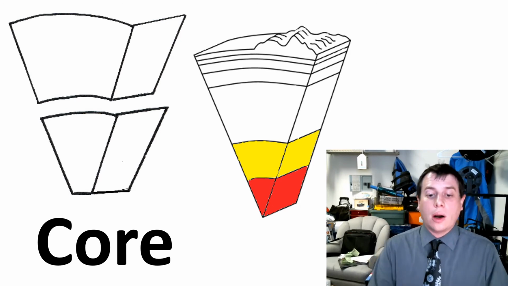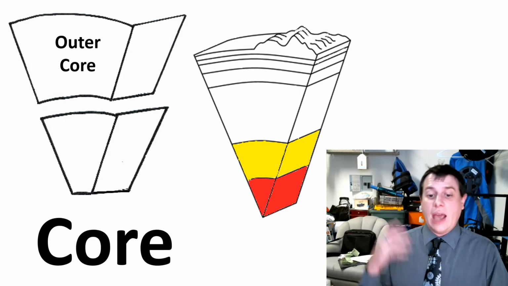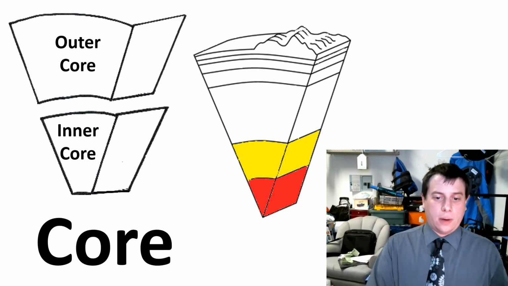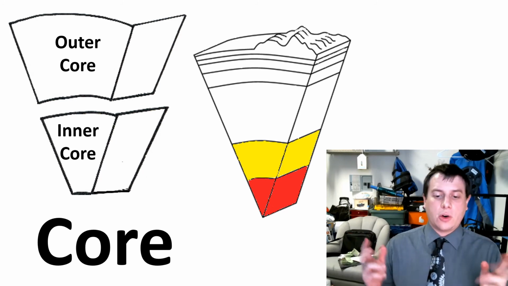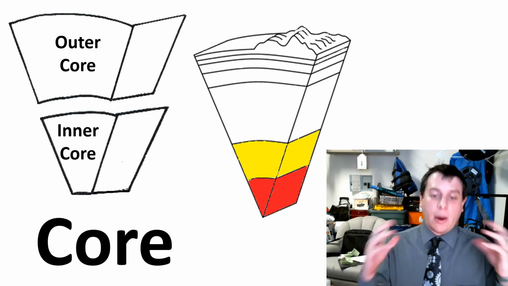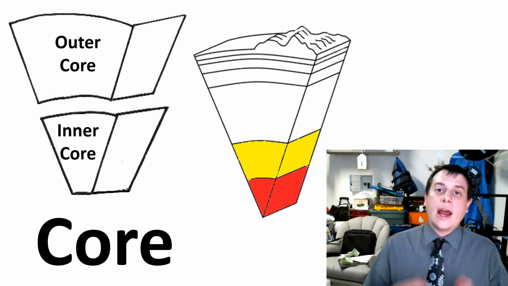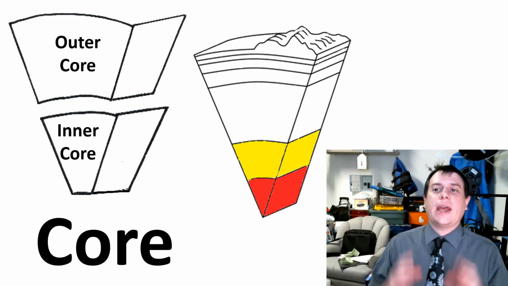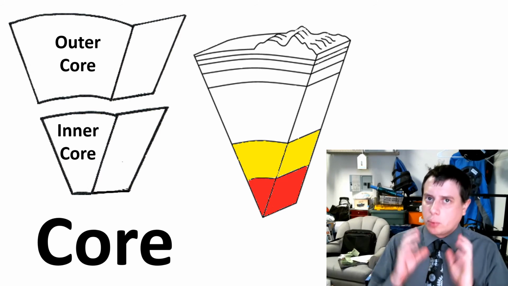And the core is divided into the outer core and then the inner core. All right, so you have the outer core and the inner core. The inner core is the centermost part. The outer core surrounds it. Now, even though these are both the core, they actually have very, very different properties.